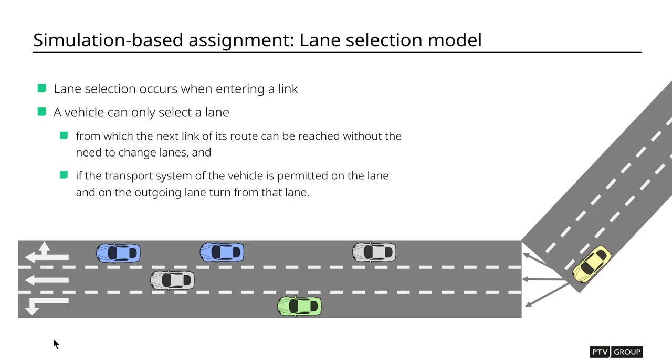A vehicle has an allocated route, and from the next link, it must be ensured that it can follow its route. So also the next link on the route can be reached without the need to change lanes. And the other condition is that on the lane, the transport system of the vehicle is permitted, and also on the outgoing lane turn from that lane.